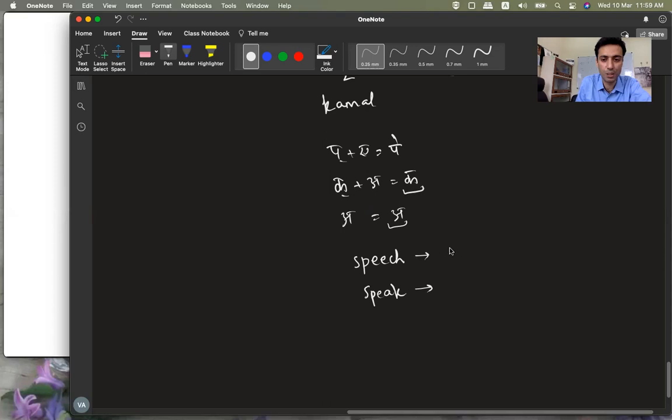In English it is difficult to tell, so I write in Hindi. There is only one syllable in speech and speak, because the half letters get clustered into this part. This is the full thing, so it is only one syllable in both.